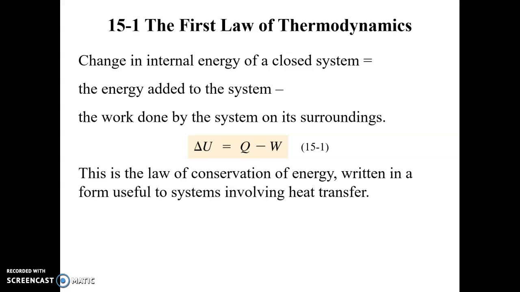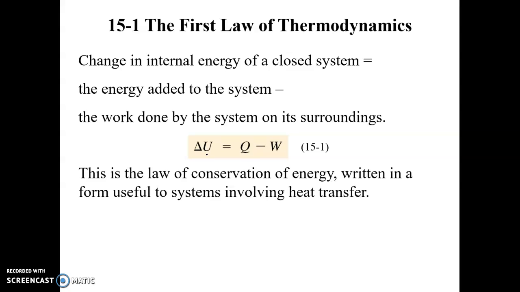And that is that the change in internal energy of a closed system is equal to the energy added to the system minus the work done by the system on its surroundings. So we have some variables here. We have delta U. Now we used U in the previous chapter to denote total energy of a system.